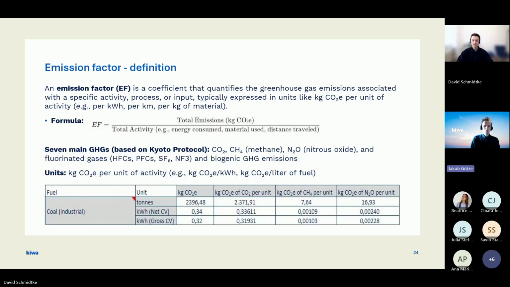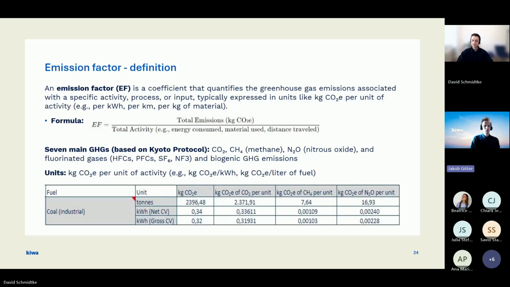The emission factors come from reliable databases or research. Some databases that are quite common are, for example, the DEFRA database of the UK Environmental Agency.